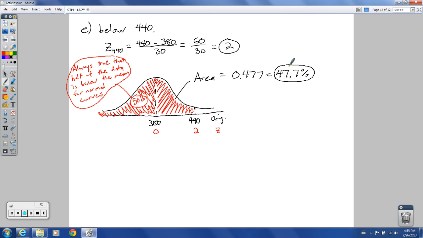So this value added to the 50% for everything below the mean, we could say therefore, yeah, therefore symbol. Man, I like that symbol. So quick and easy.